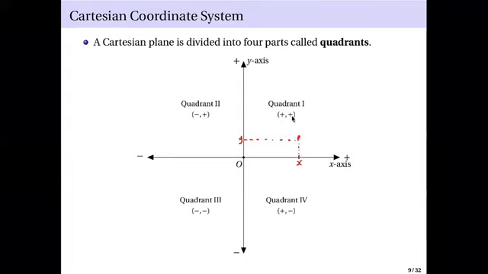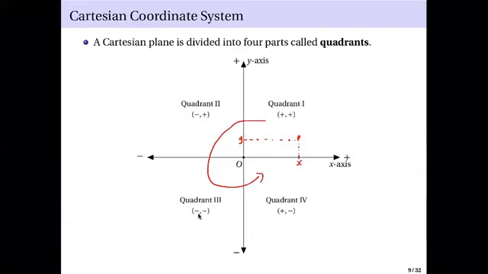So plus, plus. And then from quadrant 1, we move counterclockwise. Our quadrant 2 will be this one, and notice the point here has negative x value and positive y value. Then this one is quadrant 3, again moving counterclockwise.